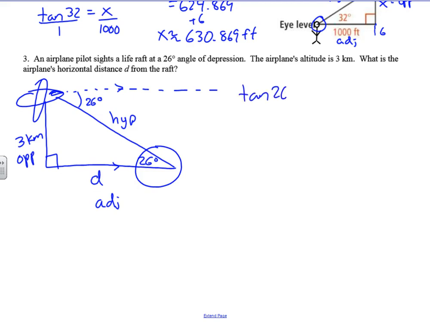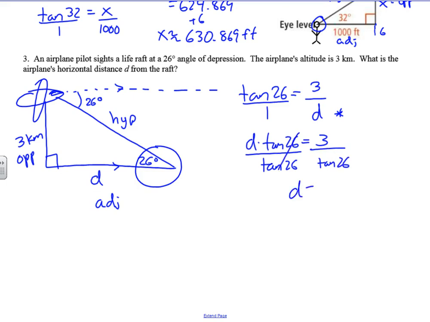So the tangent of 26, tangent is the opposite over the adjacent, which is the letter d. This is a two-step question because the variable is in the denominator. So d times the tangent of 26 equals 3. So we're going to divide by the tangent of 26.